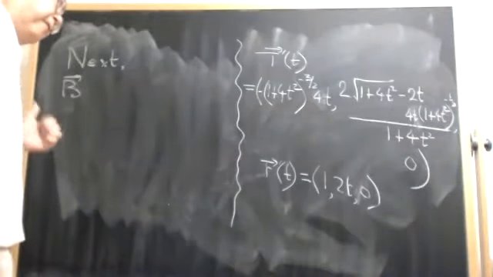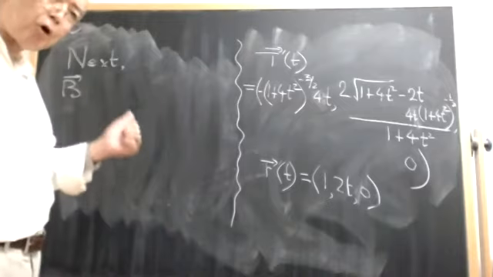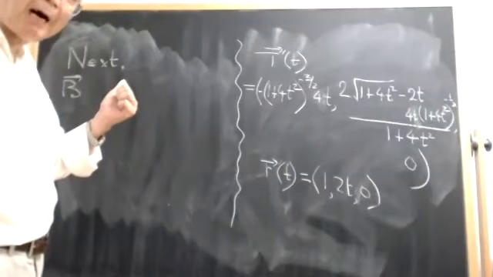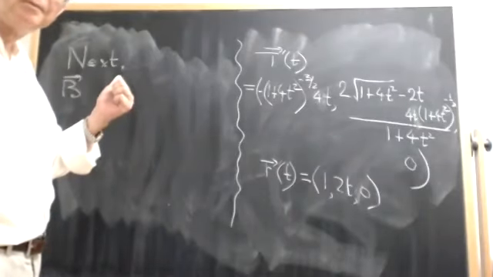And how can we find a vector perpendicular? Is it the cross product of T prime 0 with N prime 0? No. How do we define the binormal? Is it the cross product of the unit tangent vector and the normal vector?